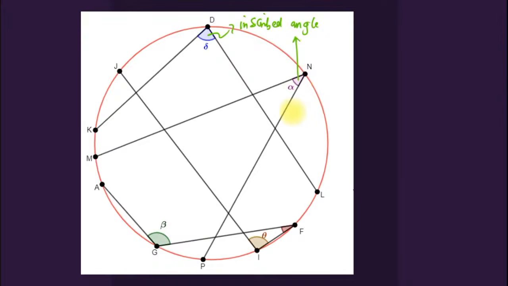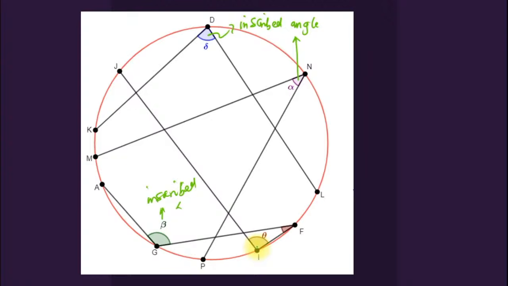Look at chord AG and chord FG. The common endpoint is G. So beta is also an inscribed angle. Look at chord JI and chord FI.